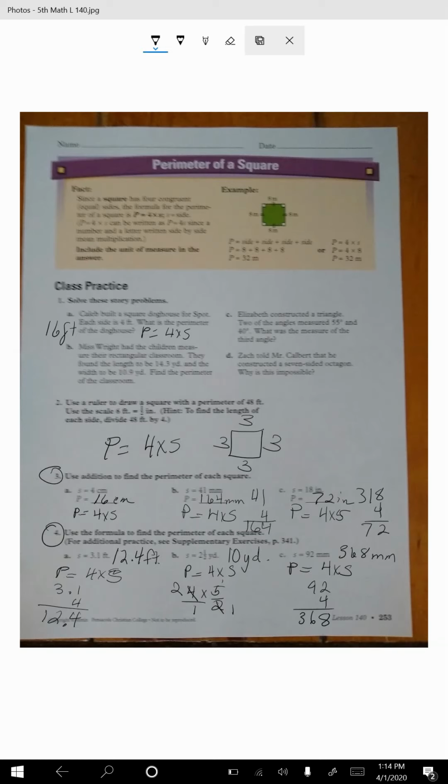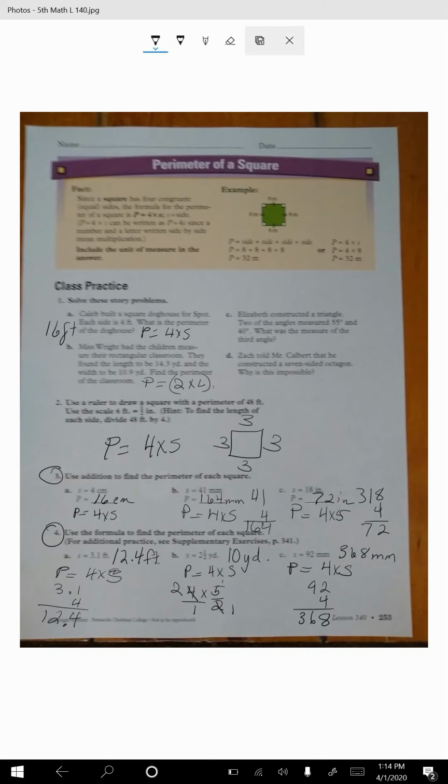B. Miss Wright had the children measure the rectangular classroom. They found the length to be 14.3 yards and the width to be 10.9 yards. What is the perimeter of the classroom? The rectangle has a slightly different formula, even though we're still just adding up the sides.